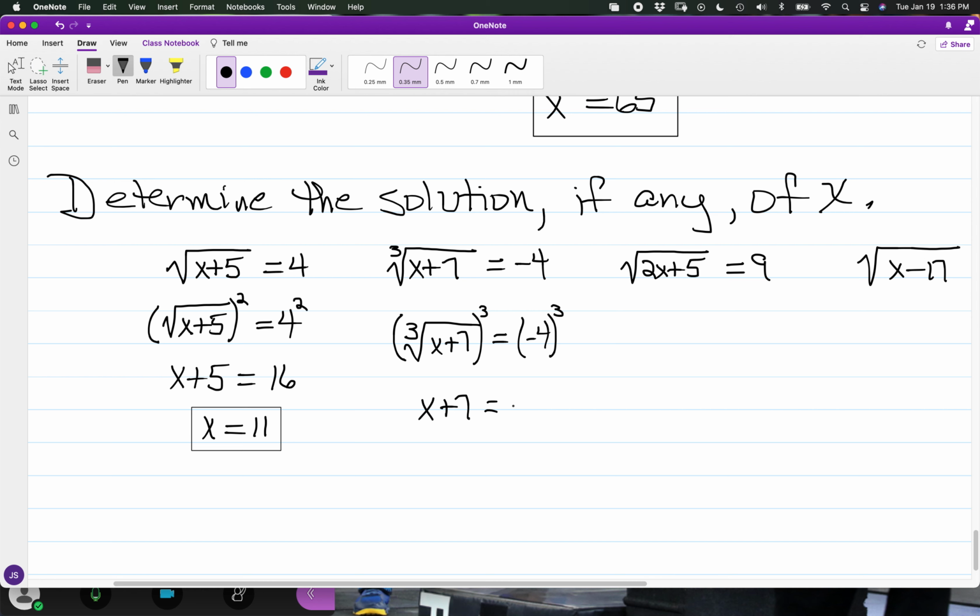And for negative 4 cubed, you have negative 4 times itself times itself. Negative 4 times negative 4 is 16. 16 times negative 4 is minus 64. And with x plus 7 equal to negative 64, upon subtracting 7 on both sides, it turns out that x is equal to minus 71.